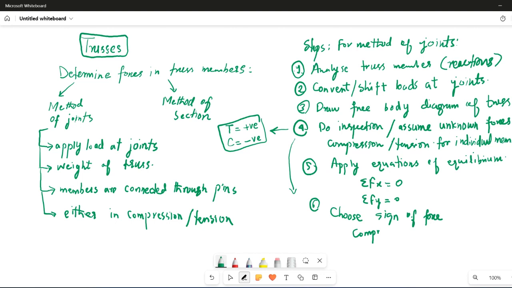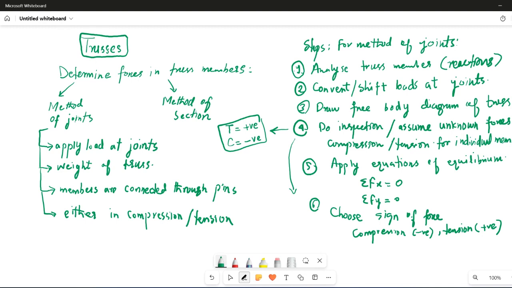So you have just assumed it, and once you have chosen the sign of force, for compression we said it is negative, and for tension we assumed it was positive. And in your answer, if it is also positive, it means the assumption that you made earlier is actually correct.